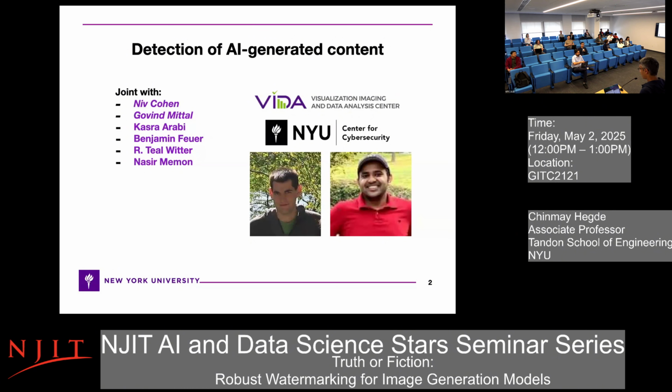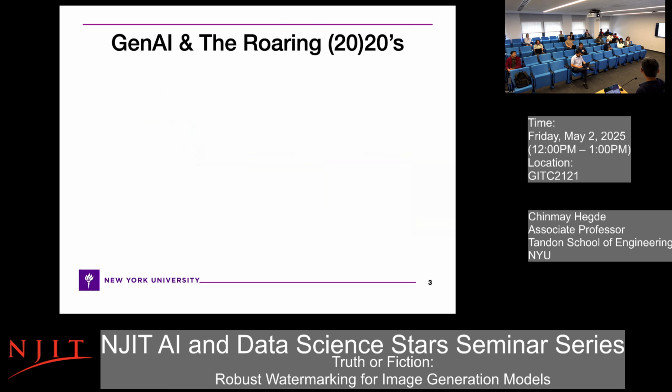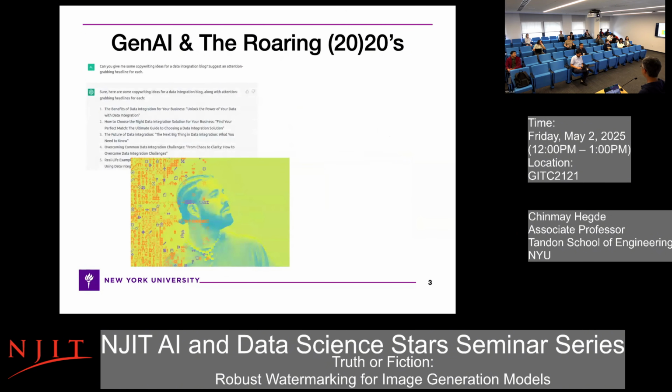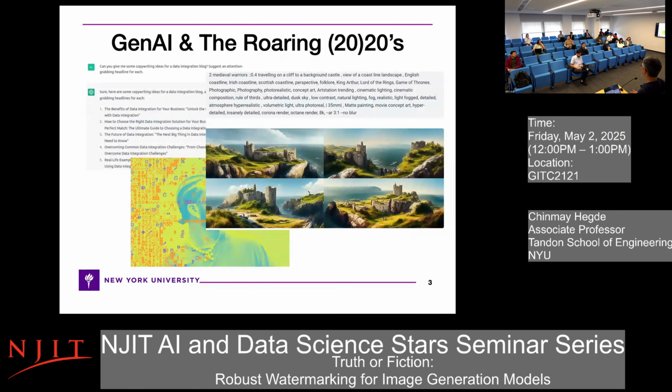But I want to set up the stage by talking about something that I hope everybody knows already. I don't have to introduce anybody to generative AI. We are in an age of marvels, where magical machines answer any question that we ask, or even compose songs in the style of whoever our favorite artist is, or even bring our thoughts to life.